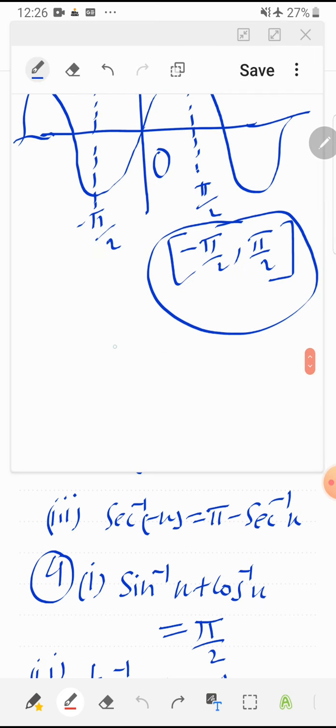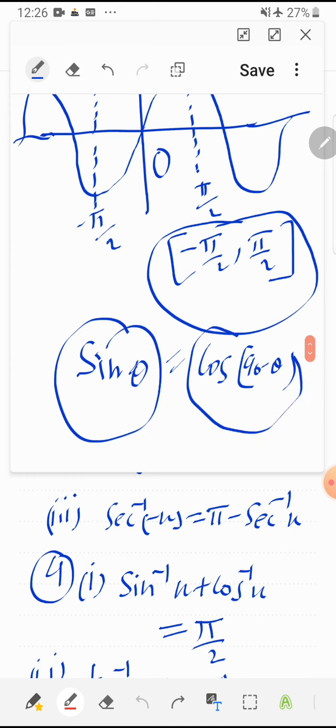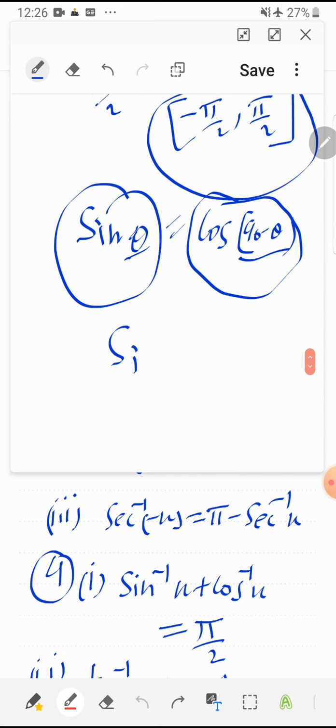Now next, everyone knows sine theta is cos of 90 minus theta. What does it mean? It means when the value of sine is equal to the value of cos, then their angles are complementary. Simple. That means sine 30 is equal to half is equal to cos 60.